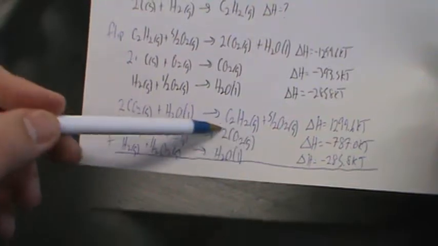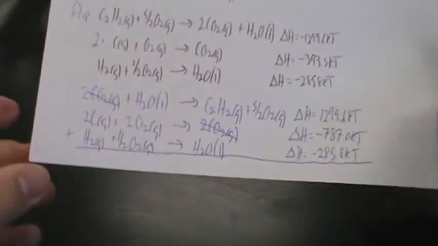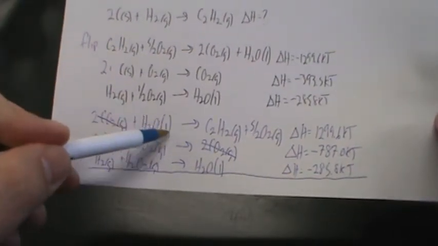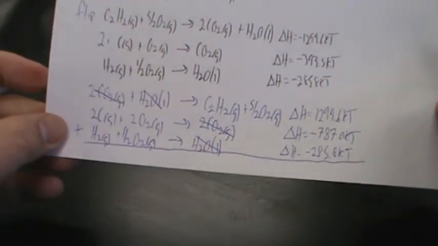So now we're going to add everything up. Do we have things on the left-hand side and the right-hand side that we see? Well, the first thing is we have 2 CO2 gas on the left-hand side and 2 CO2 gas on the right-hand side. That's going to get canceled out. H2O liquid on the left-hand side, H2O liquid on the right-hand side. That gets canceled out.